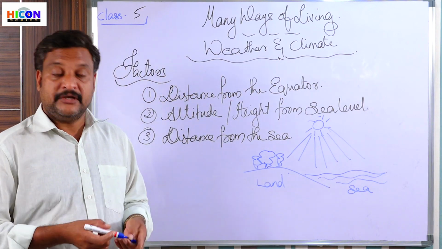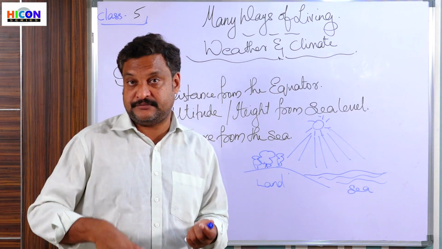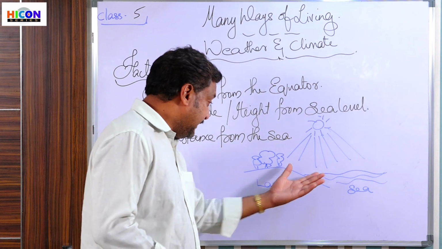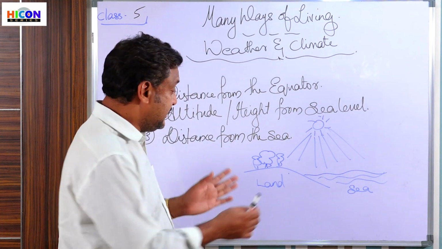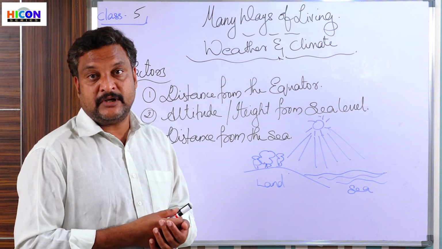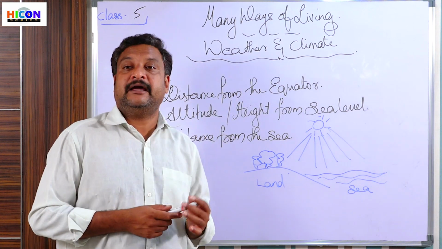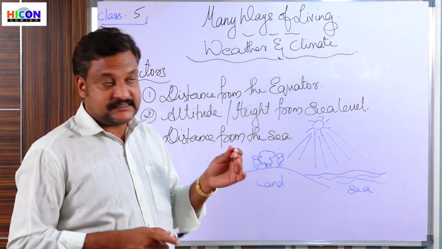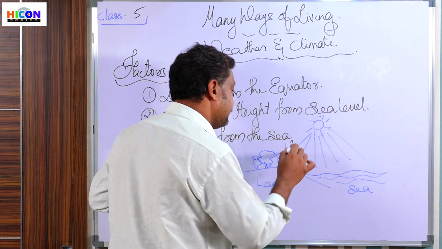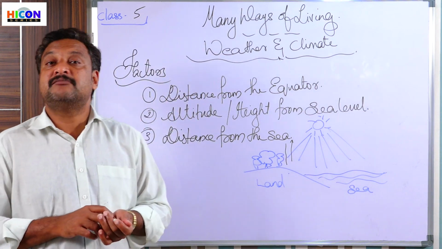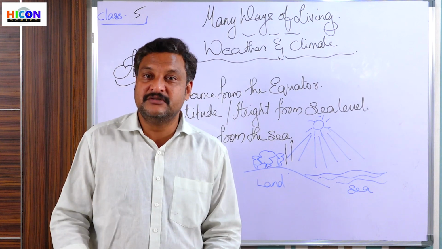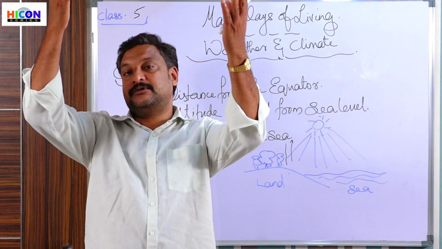The soil absorbs the heat, and the atmosphere above the land also becomes hotter. When the air becomes hotter, it starts to rise. When it becomes hotter, it becomes light; its weight reduces and it goes up.